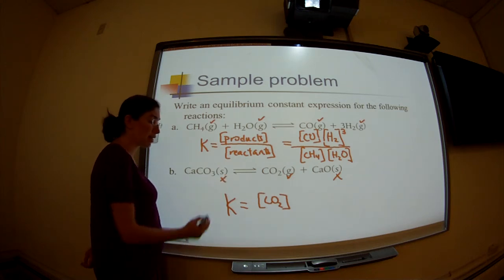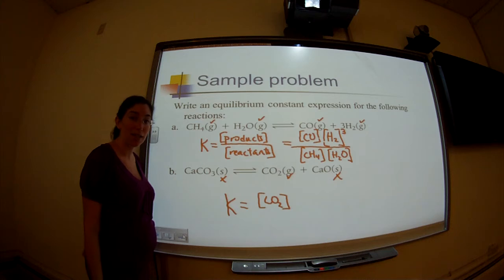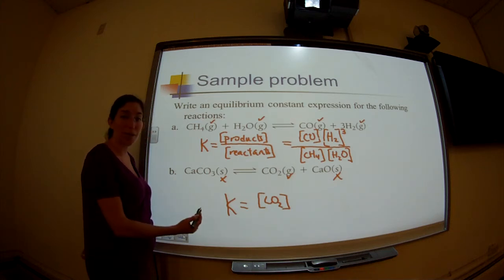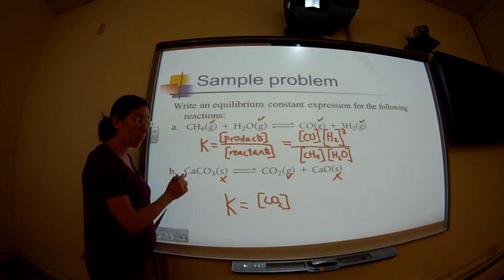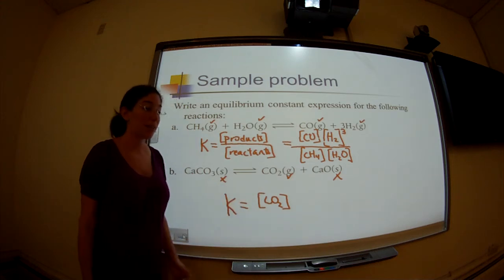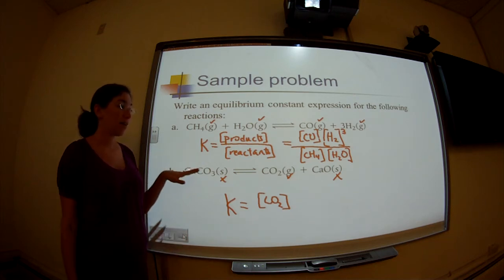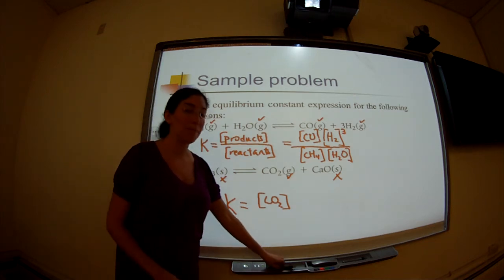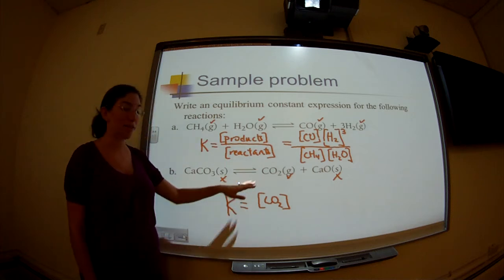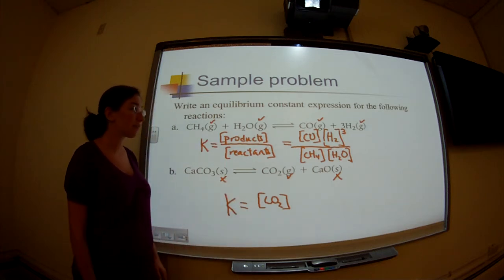We don't. Our reactant is a solid, so it's not going to go into the equilibrium expression. So our equilibrium constant for this reaction is just the concentration of carbon dioxide. The equilibrium is only affected by the concentration of carbon dioxide.